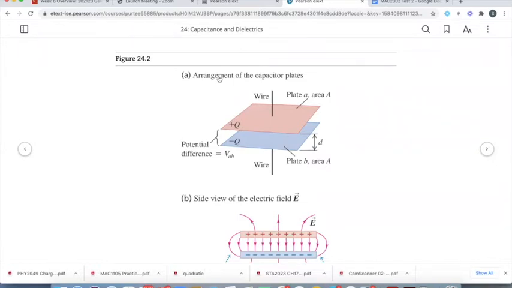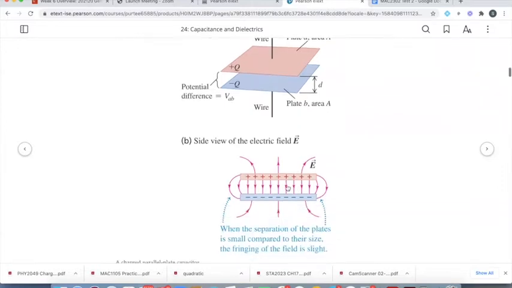Then we know what the electric field is from an infinite plane. We've solved that problem a couple of times using Gauss's law. We even did one like this where we had two infinite planes and we said we have a constant electric field. E is sigma over epsilon naught in between here, where sigma is our charge density. Well, as long as this distance in between these finite plates is small compared to the size of the plate, then we have a nearly constant electric field inside.